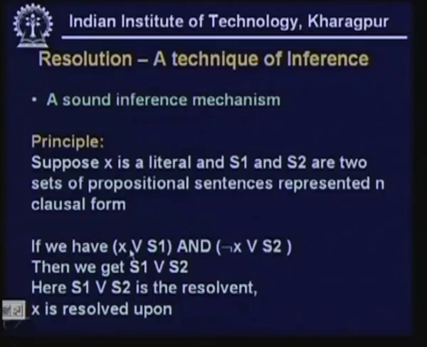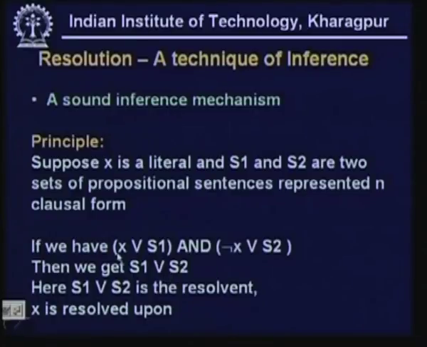This is the basic principle that you can easily prove. If we apply the associativity over here, then again we will have false or S1 or S2. So, then we get S1 or S2.